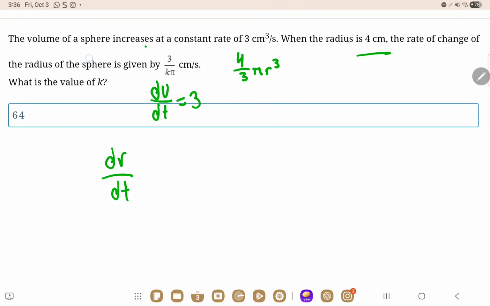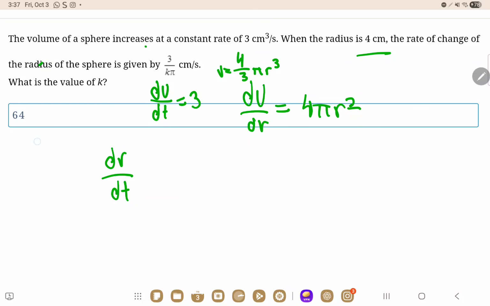Now what else do we have? We have dv by dr, which is the derivative of the equation of the volume. So it is just 4 pi r squared. Memorize the derivative at this point. So what did I tell you before? You always start with the rate of the volume or surface area, the big one.